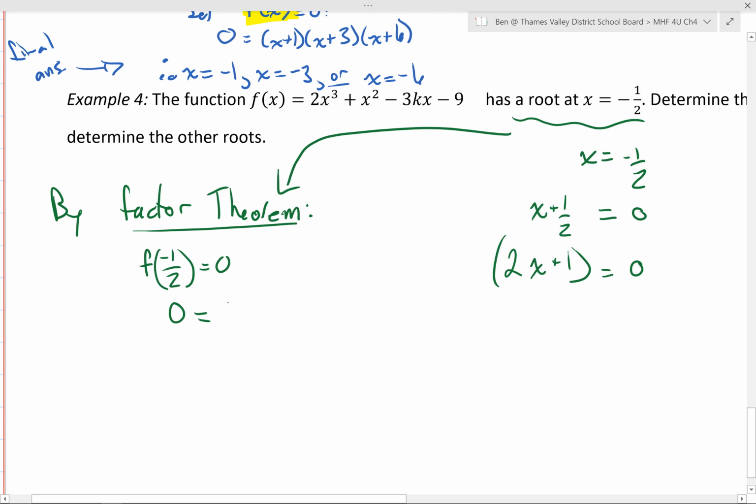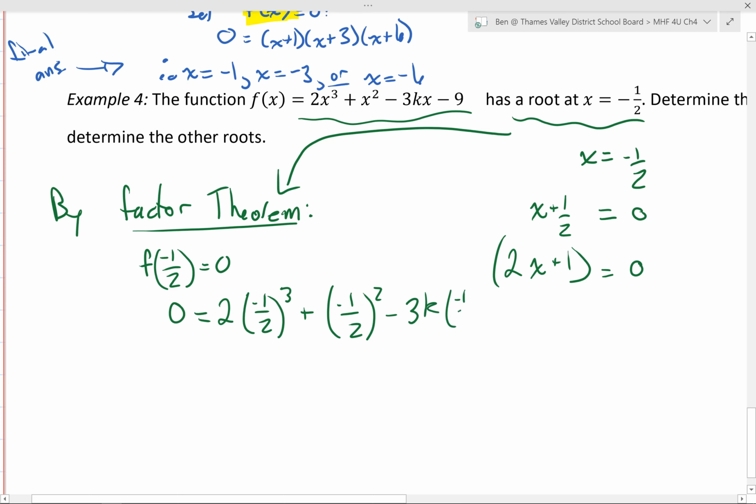That's 2 times -1/2 cubed, plus -1/2 squared minus 3 times k times -1/2 minus 9. And then we can rearrange this to isolate for k. I want you to try that out here. Pause the video, try it out, and come back and you should find that k equals 6.